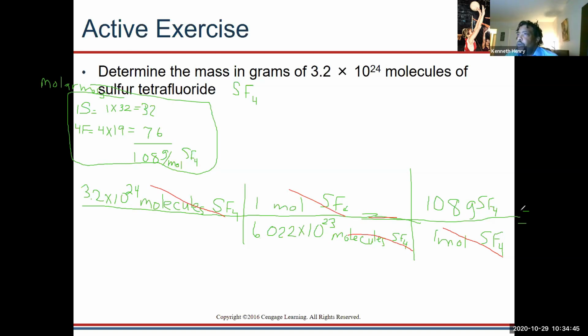Okay, how many sig figs do I want? 2 sig figs.